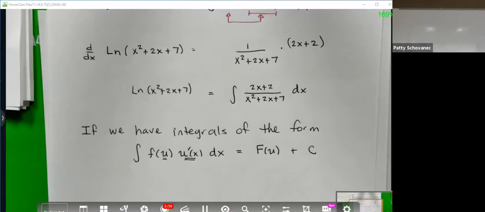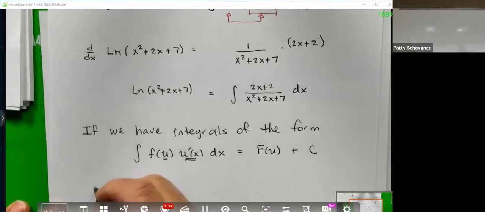If we have integrals where we have a composite function times the derivative of the stuff inside, then we just find the antiderivative of the composite function using whatever rule we have: power rule, 1 over u, e to the u, sine of u, cosine of u, and so on. So we're going to call this integration by substitution.